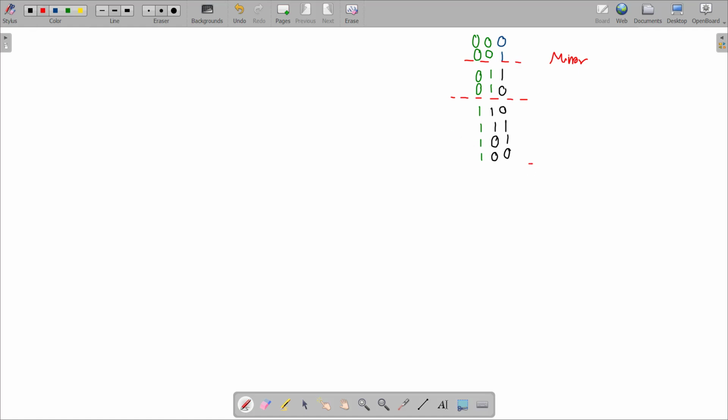If I continue, again, mirror this code, I can say that I have 0 0 1, 1 0 1, 1 1 1, 0 1 1, 0 1 0, 1 1 0, 1 0 0, and 0 0 0.